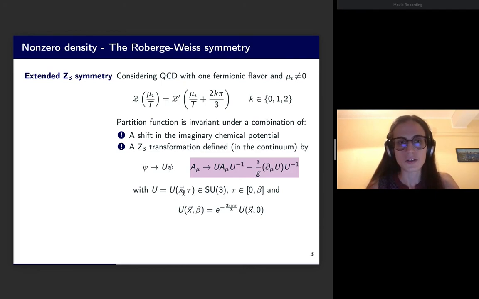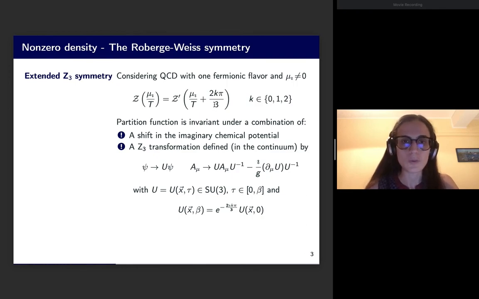Note that the gauge transformation is realized by means of a matrix that belongs to SU(3), and with tau in 0 to beta, this fulfills these non-trivial boundary conditions, which should not be new to you because this is basically the way we introduced the center symmetry in the first place.